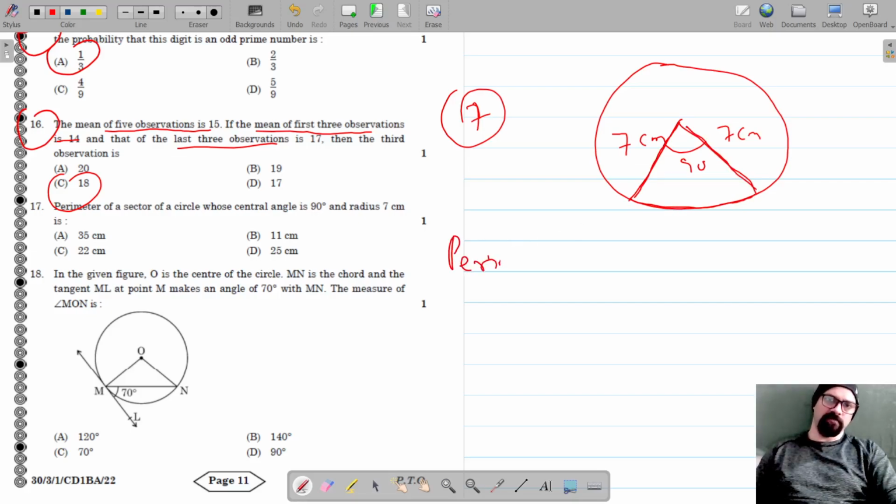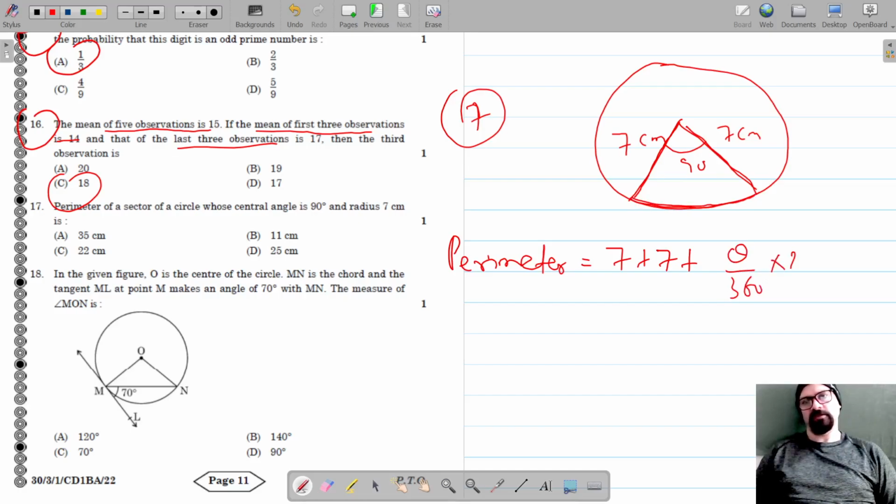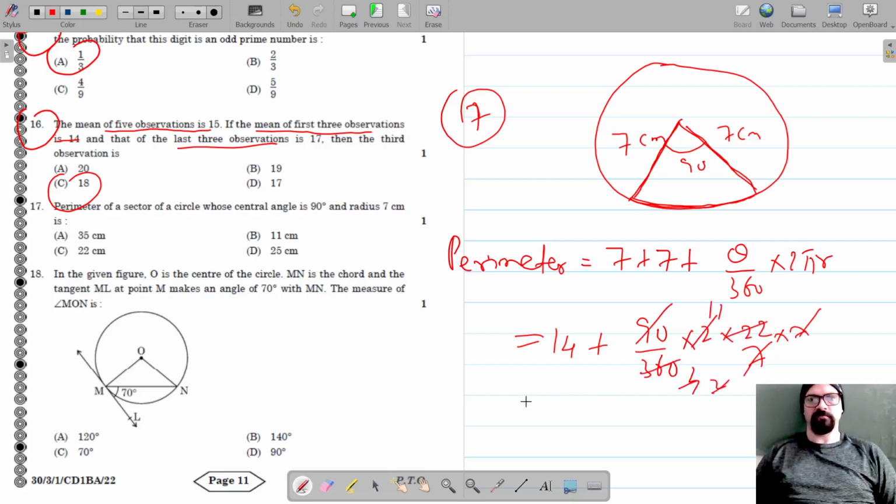So here the perimeter is 7 plus 7 plus the length of the arc, which is given by theta by 360 into 2 pi r. 7 plus 7 is 14. The central angle is 90, so 90 by 360 into 2 into 22 by 7 into 7, which gives me 11. And 14 plus 11 is 25 centimeters. So D is the correct option.